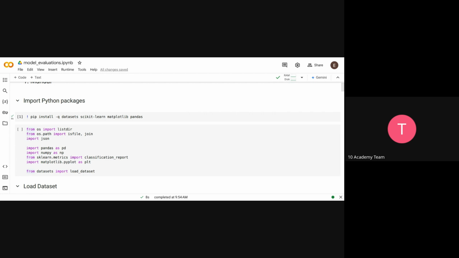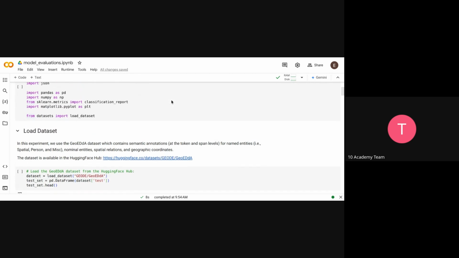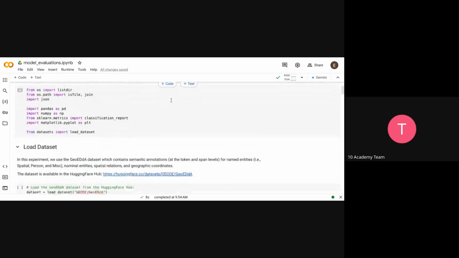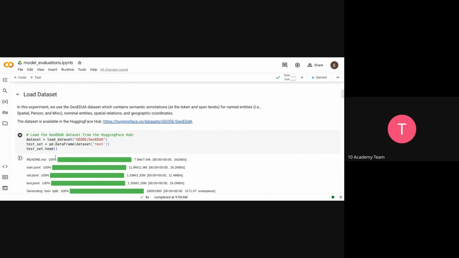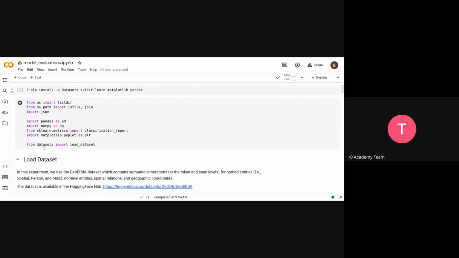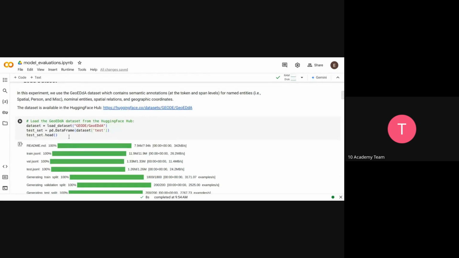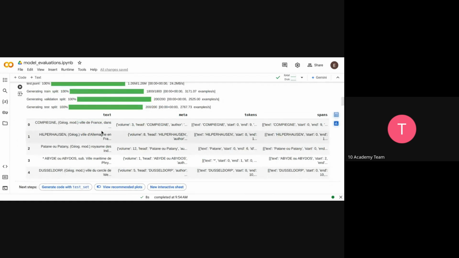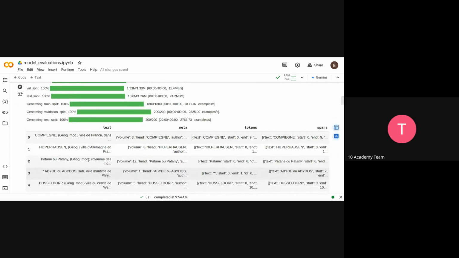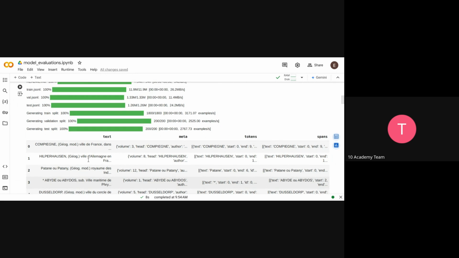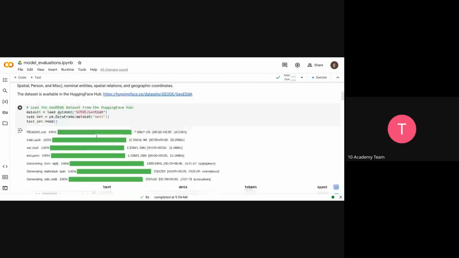This is the task that is evaluated. Here, what we're going to be using is a data set for named entity recognition in French. The data set is from Hugging Face.